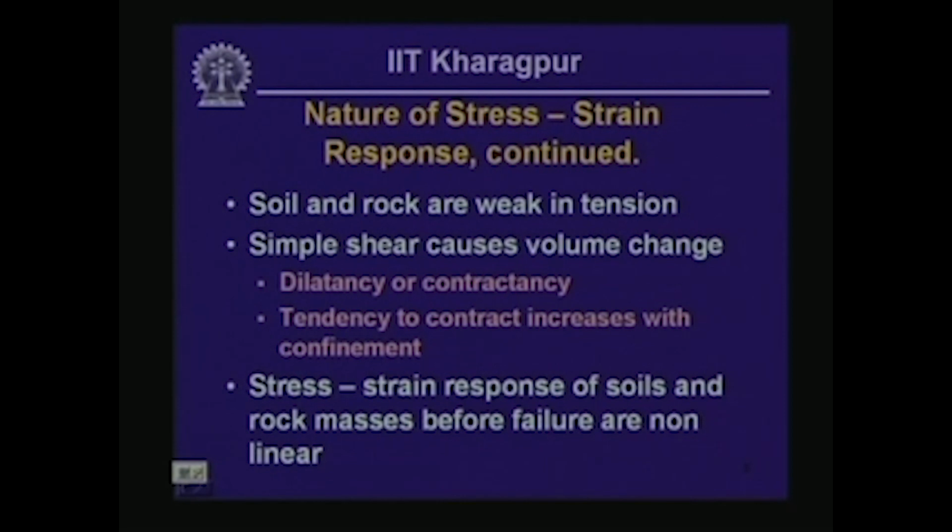And what we were having at that stage was, for application of shear stress, we were also having a change of volume, and this type of behavior of shear volume coupling is called dilatancy or contractancy.